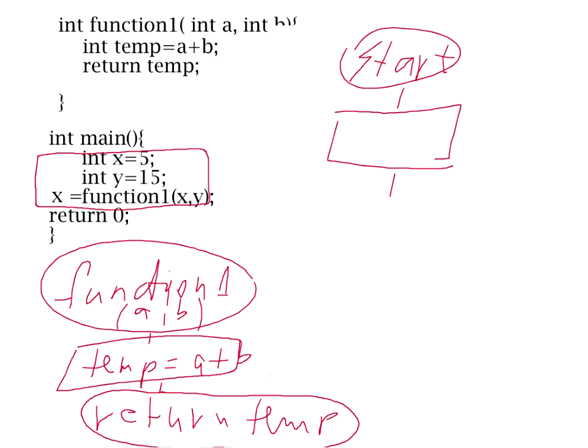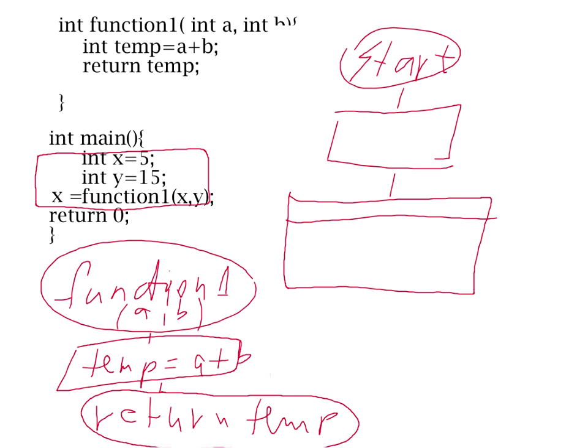Now if you move on and take another class like Java, object-oriented programming, after pseudocode and flowchart in this class, in that class you're going to be learning about UML, the unified modeling language.